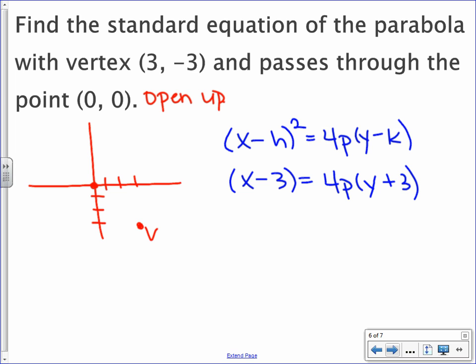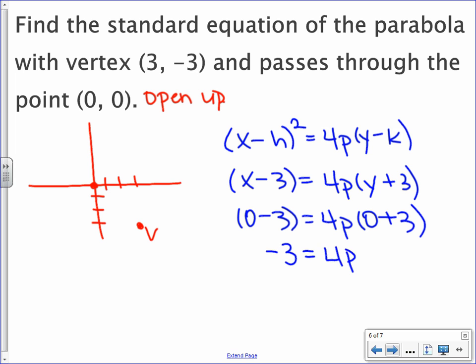So we plug in our point 0, 0, and then my only variable is p. So we have 9 equals 4p times 3.